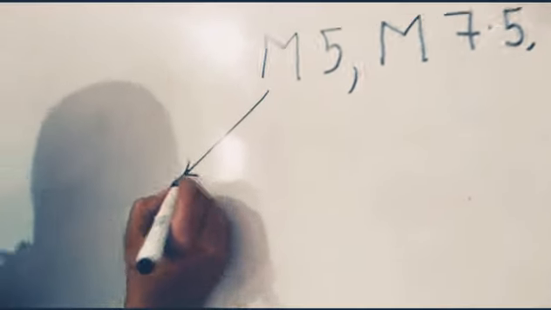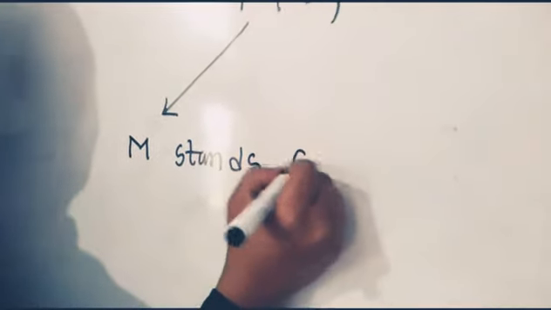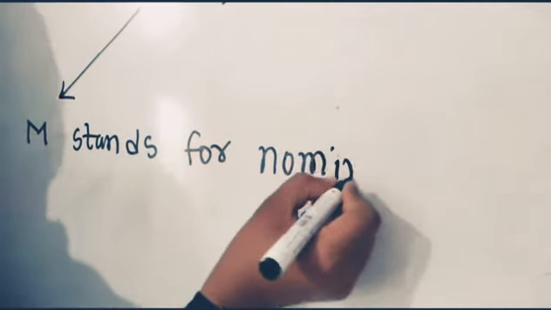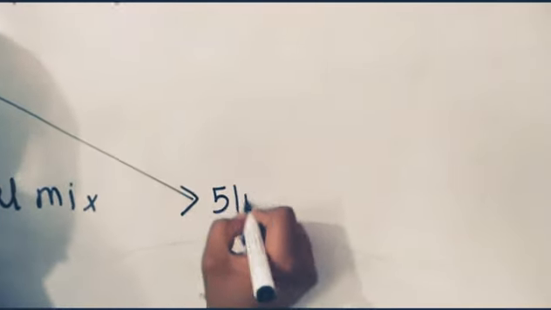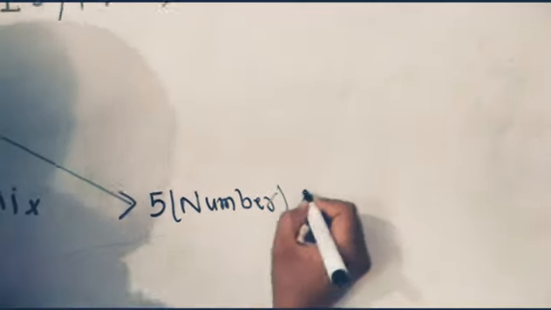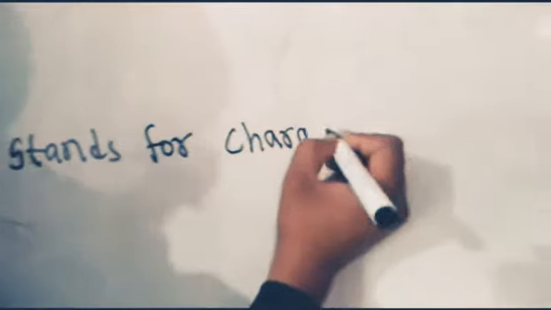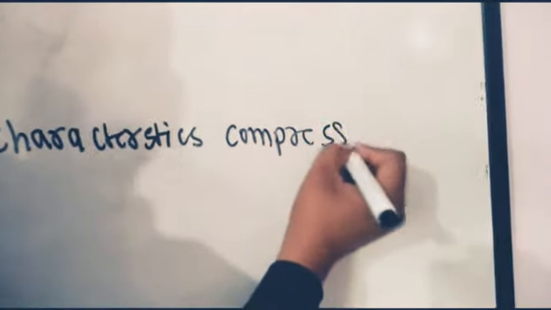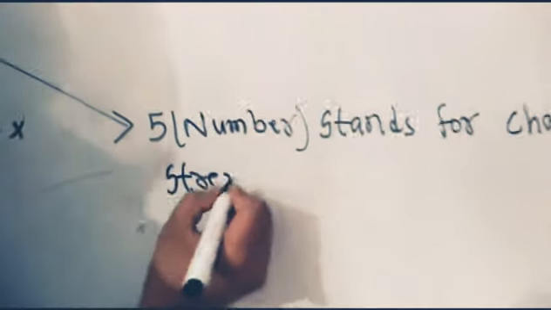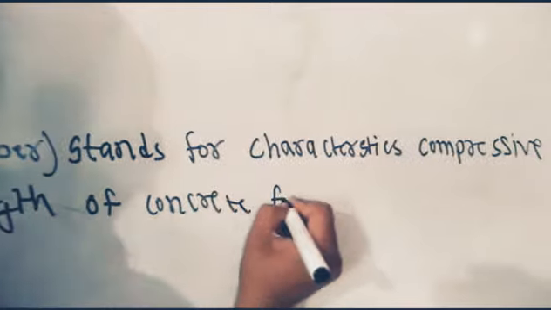Where M stands for nominal mix, and this number stands for characteristic compressive strength of concrete for 28 days.